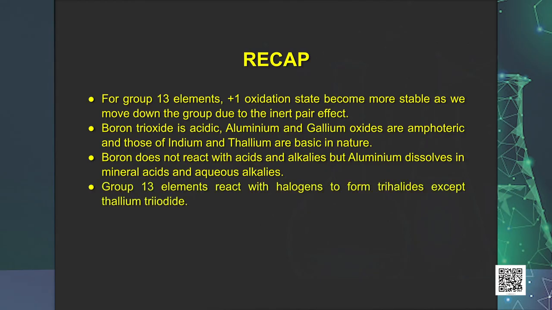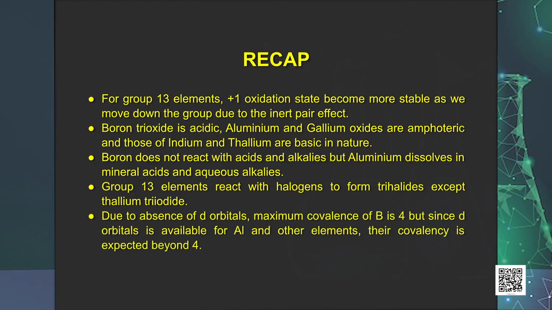Ninth point is group 13 elements react with halogens to form trihalides except for thallium triiodide. Due to the absence of d orbitals, maximum covalence of boron is 4, but since d orbitals are available for aluminium and other elements, their covalency is expected beyond 4.